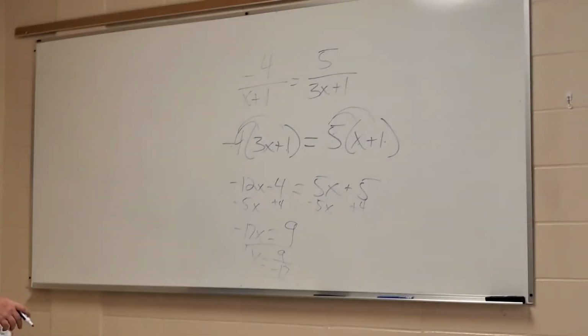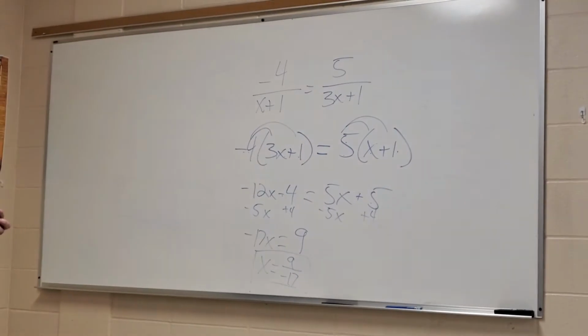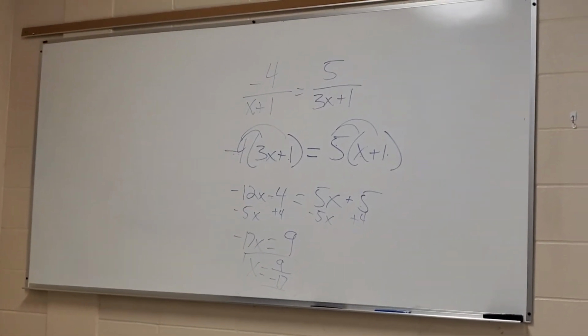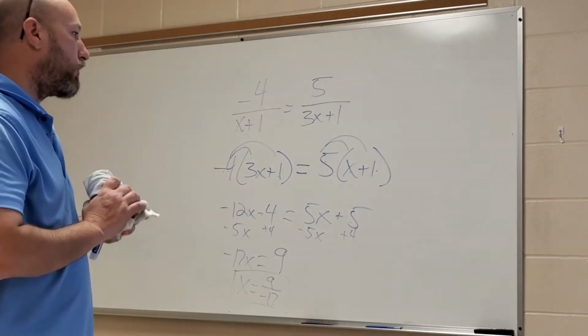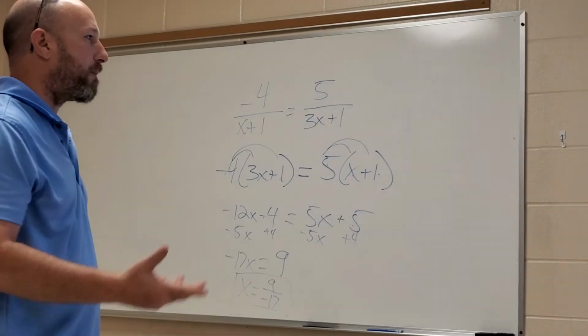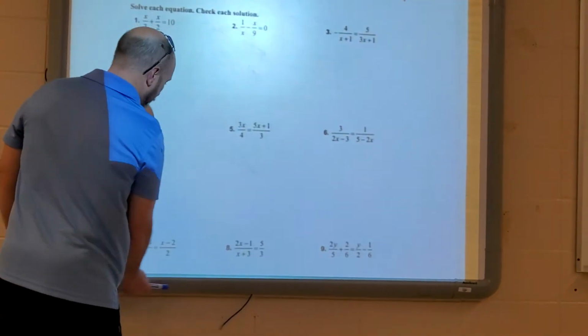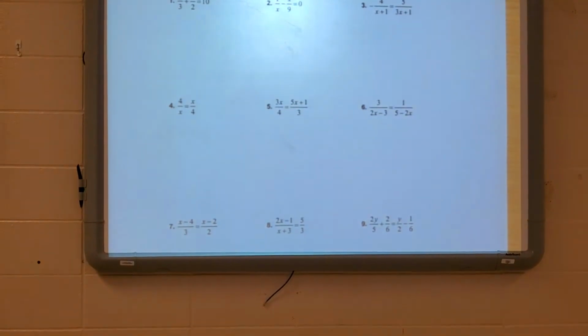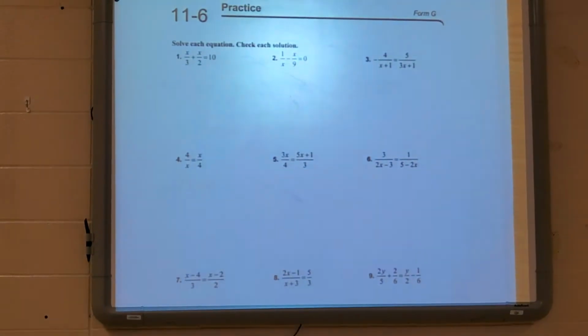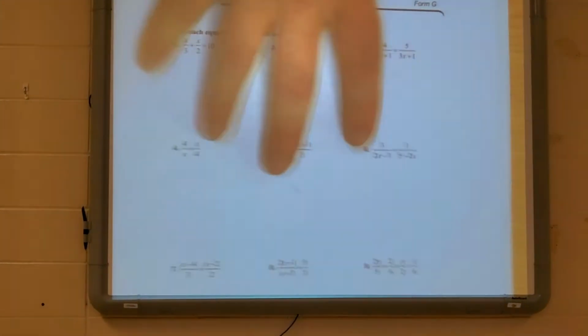Okay? Not too bad. So you're doing the same thing on the rest of these. It's really just, if it's set up like a ratio, which most of these are, 4, 5, 6, 7, 8, 9, you got to do common denominator first, and then you can solve the ratio.